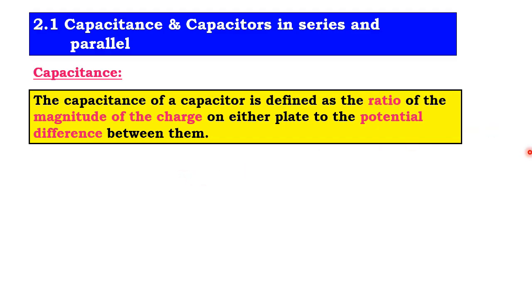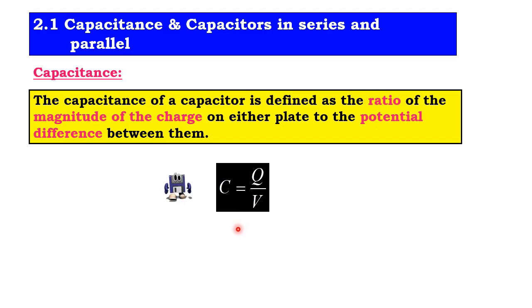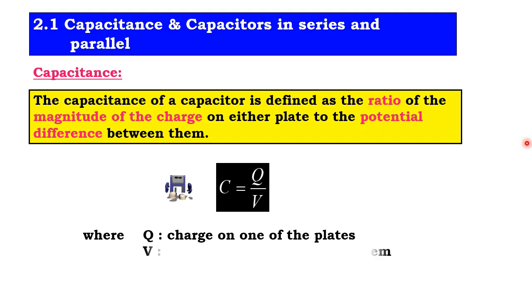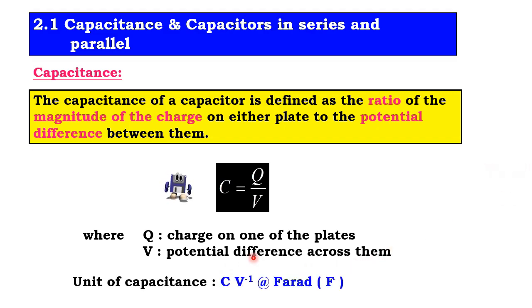Capacitance is designated as C equal to Q over V. The greater the charge that a capacitor can store for a given voltage, the higher the capacitance value. Q is the charge on one of the plates. V is the potential difference across them. The unit of capacitance is coulomb per volt, or you can use the unit farad, capital F.